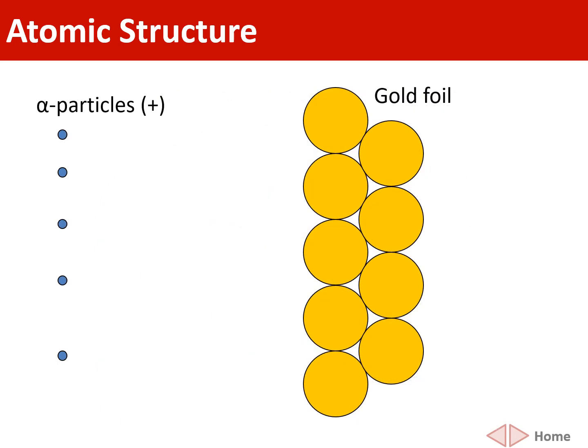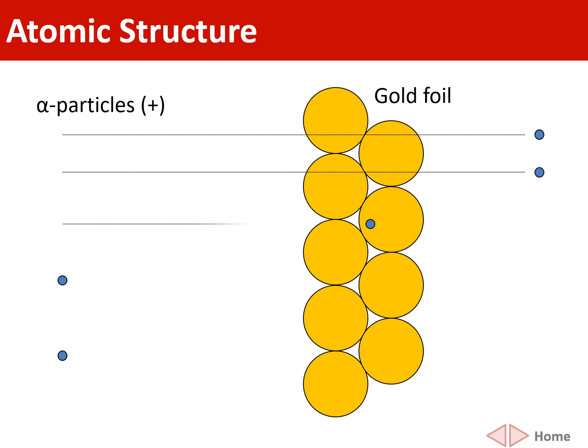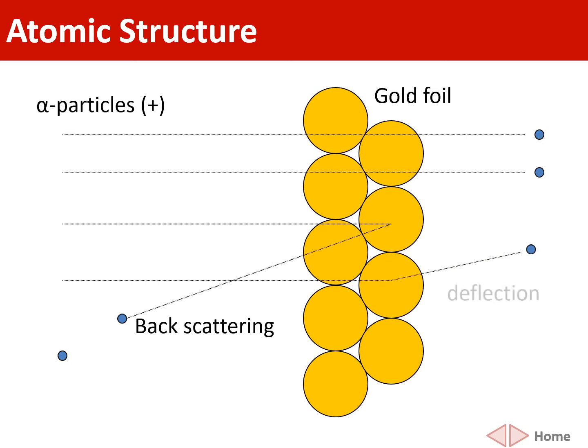So what we saw was the alpha particles, the vast majority just went straight through. A very small number deflected back. And there were a few that were scattered. And eventually they came to the conclusion that most of the atom must be made of empty space, which allowed the particles to move straight on through.